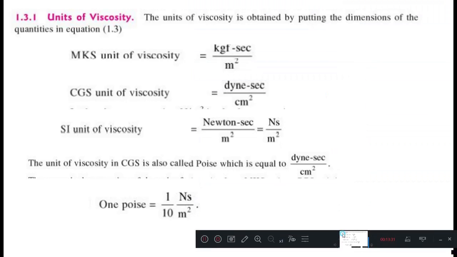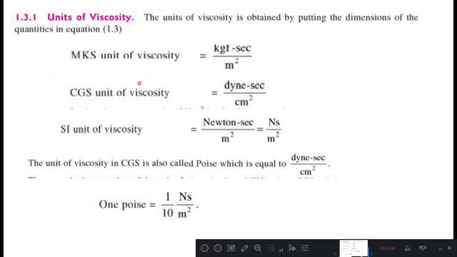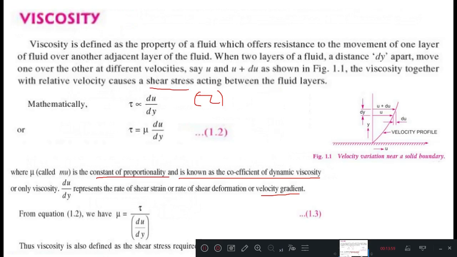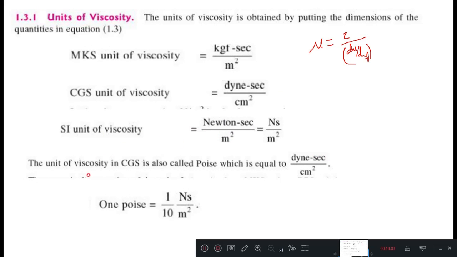Next, the units of viscosity. In the MKS system, the unit of viscosity can be written as kgf second per meter square, because viscosity is mu equal to tau divided by du by dy.